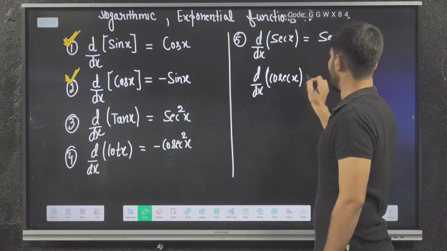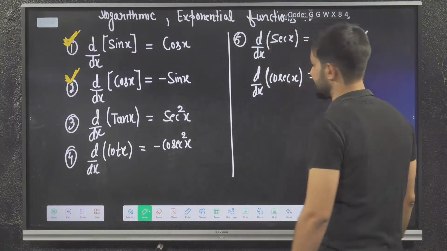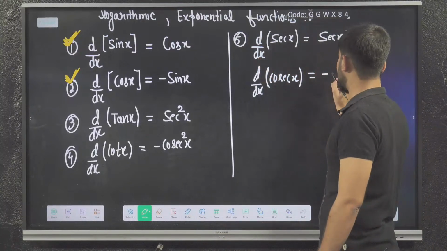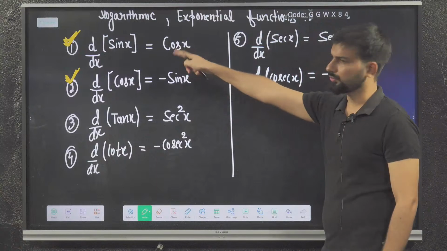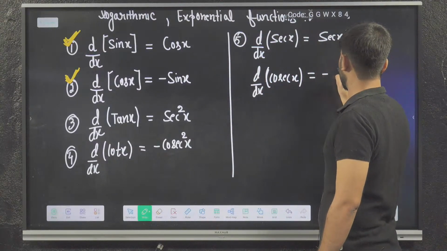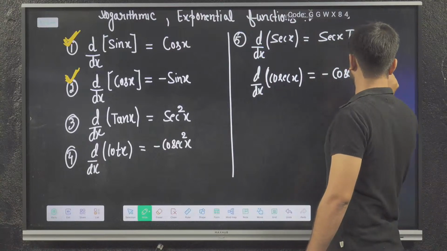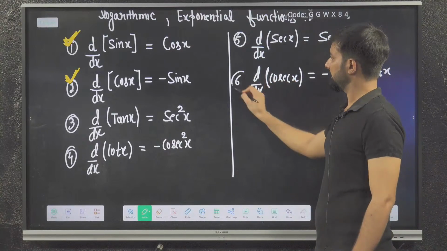There are tricks to remember. If you were a student of mathematics, then this is very important. In physics only two are required. So this will be minus cosecant x cot x. This is the formula of it.